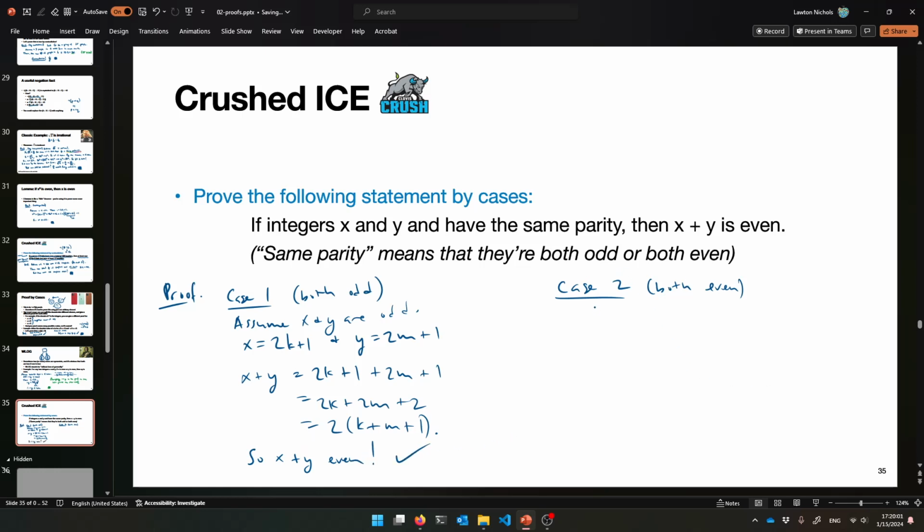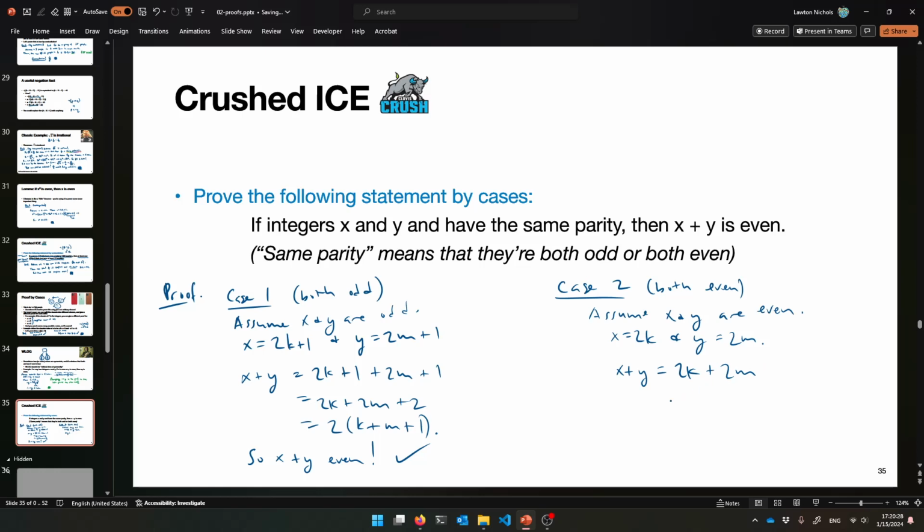So if they're both even, assume instead, in this case, that x and y have the same parity, but they're both even. Assume x and y are even. This will still work out. So in that case, x is equal to 2k and y is equal to 2m, for some integers k and m. You add them up, x plus y, that's equal to, just plug them in, 2k plus 2m.